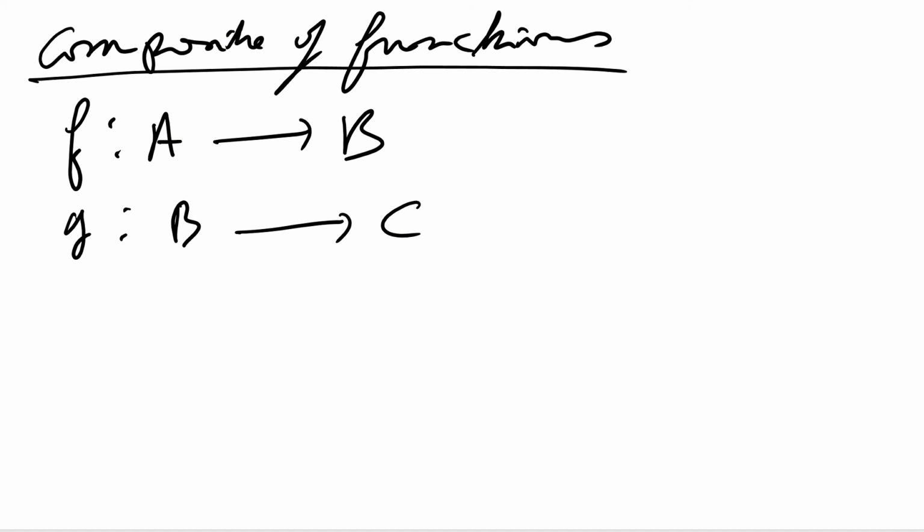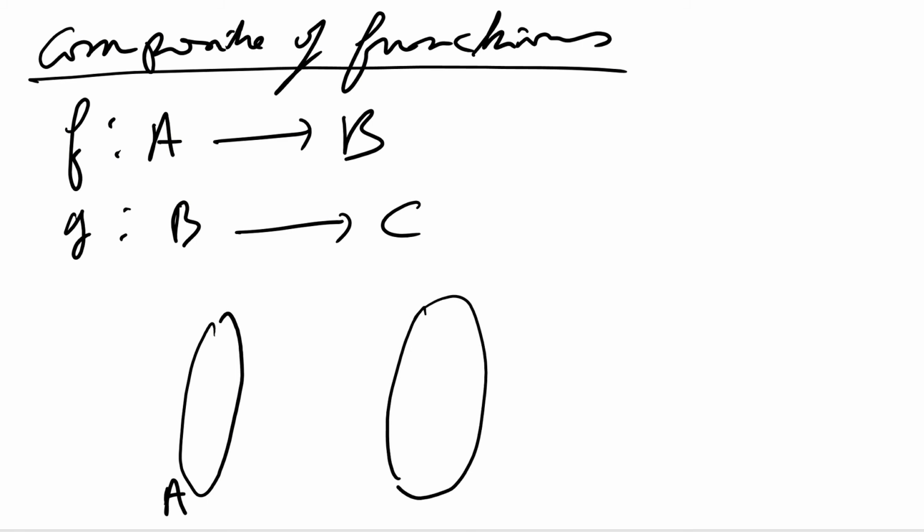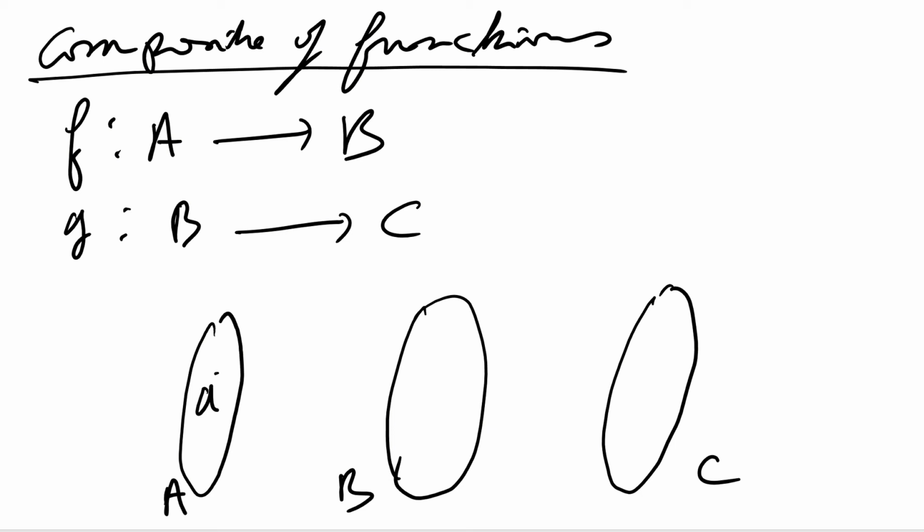So we have this set A, the set B, then we have the set C. What happens is I pick a certain a. f is defined from A to B, so f of a gives me b.